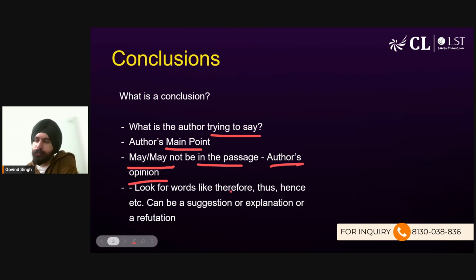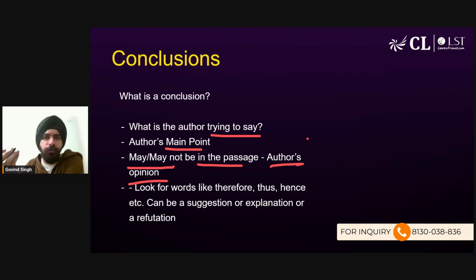In some cases, it is mentioned explicitly what the author is trying to prove. In some cases, you would have to use your own critical thinking skills to understand that, okay, these are the premises, this is the logic, this is the argument structure, so the author is probably trying to prove this. To give you an example, let's say the author is talking about the rising level of pollution in, let's say, Delhi.